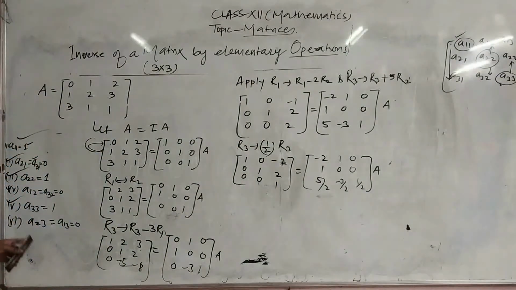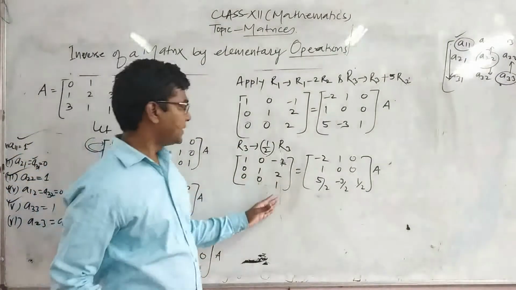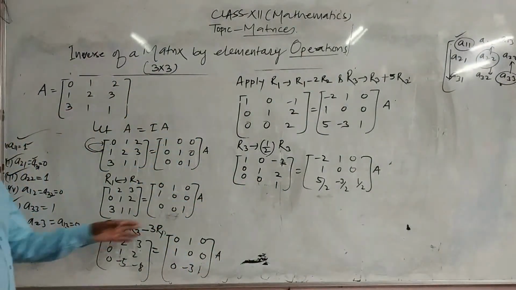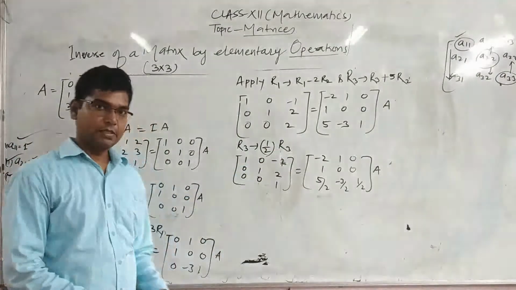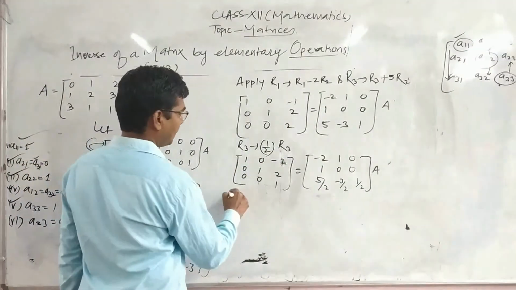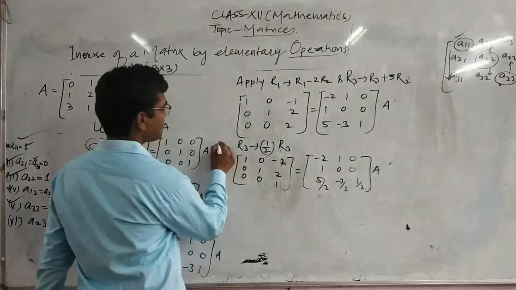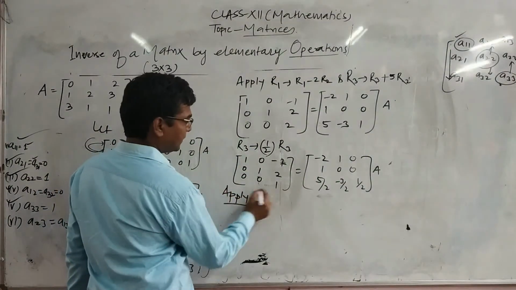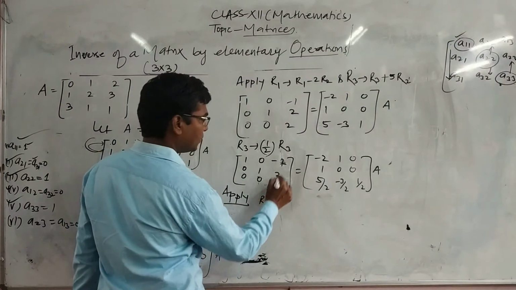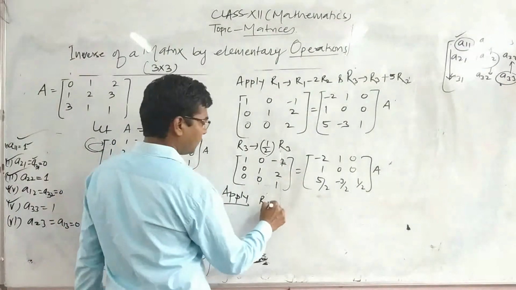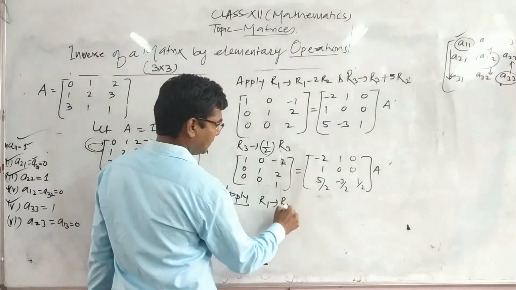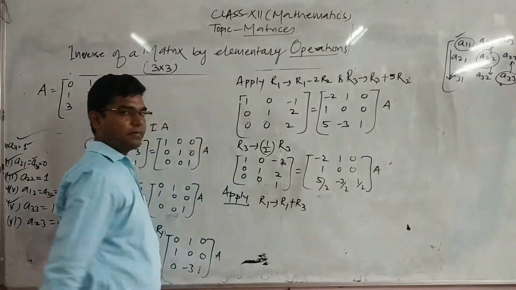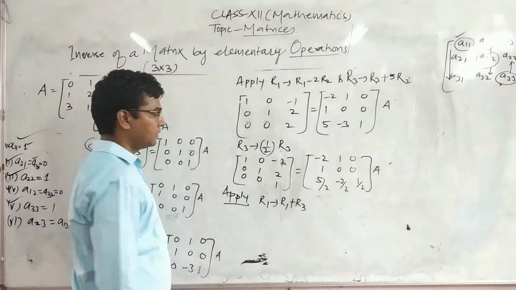Now we will make the elements in column 3, that is A23 and A13, 0. For that we have to apply R1 plus R3, because if you add these two, minus 1 and plus 1 will definitely be 0.